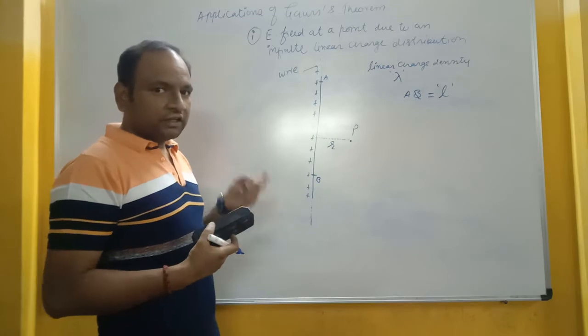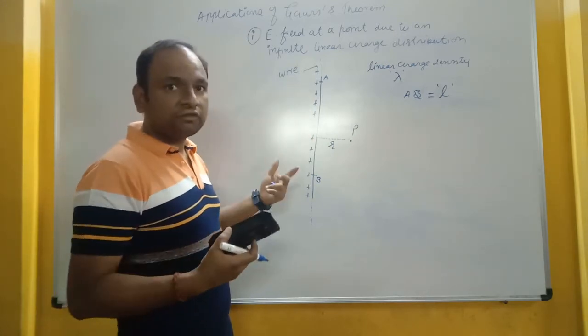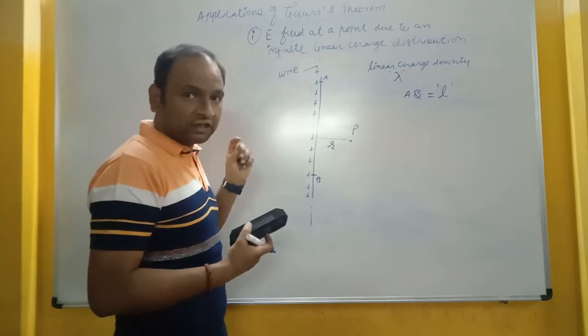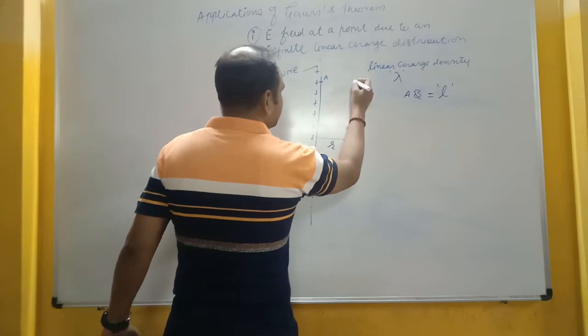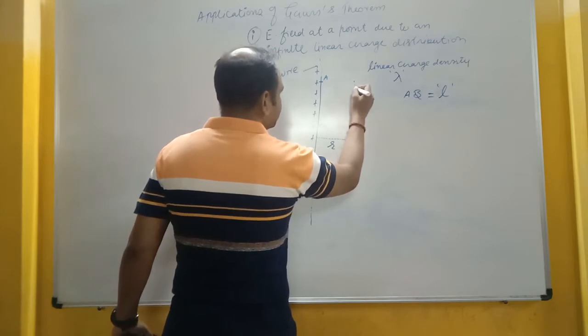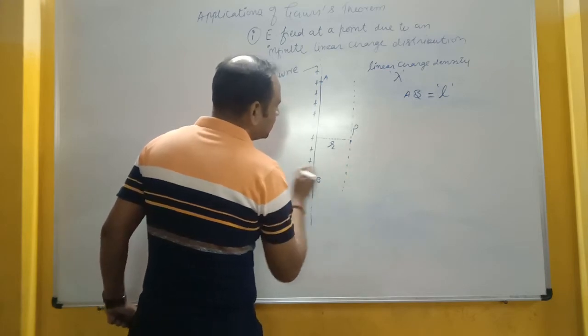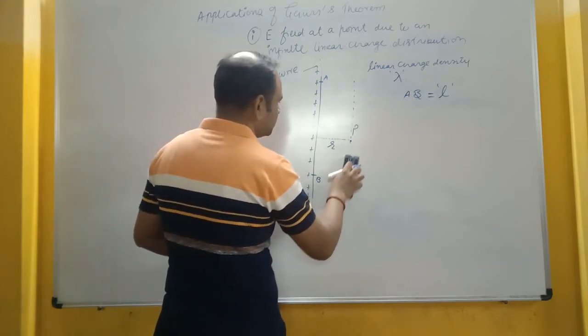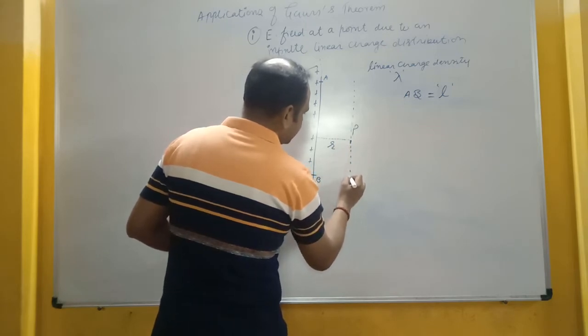Keep in mind what is important is the symmetry of the charge distribution. For example, if I draw a straight line from here, a straight line which is parallel to the linear charge distribution, something like this.